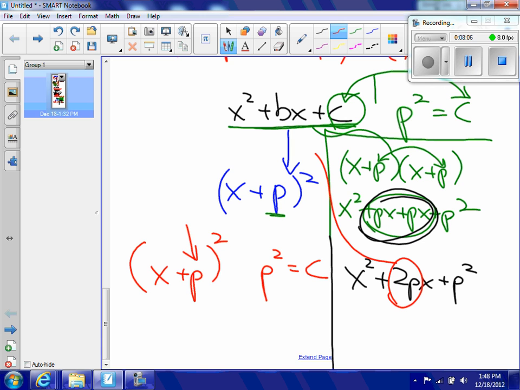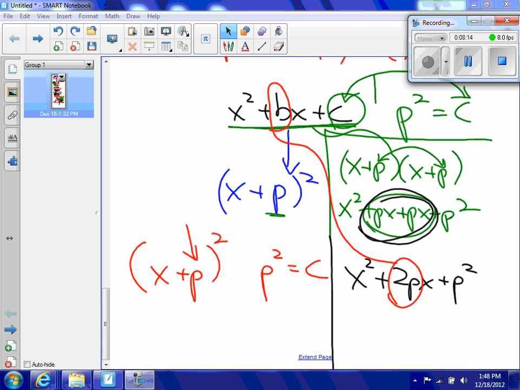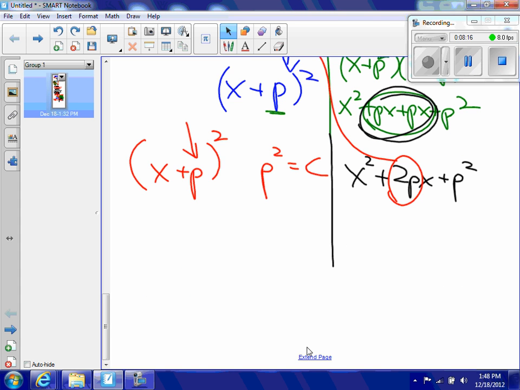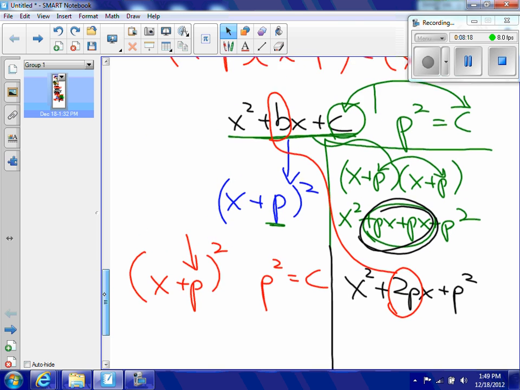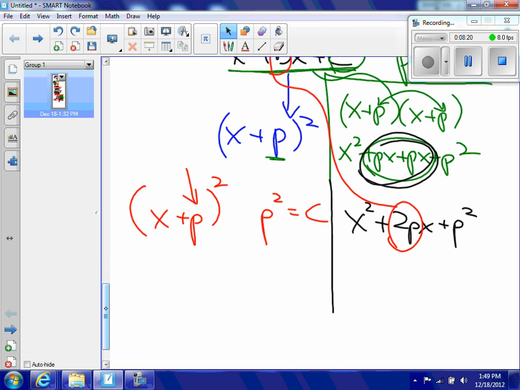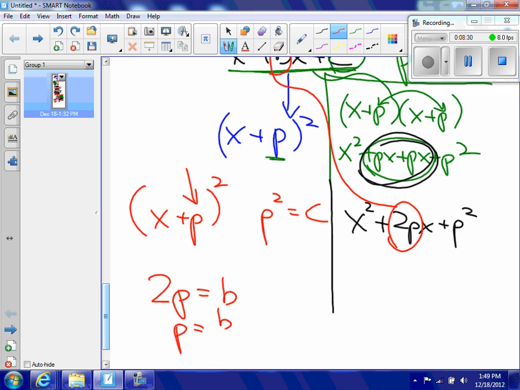That has to be the same as the b. Well, that's kind of interesting. It's telling me that the 2p has to be equal to b. So if 2p must be equal to b, doesn't that mean that p has to be equal to b divided by 2? That looks pretty reasonable to me.